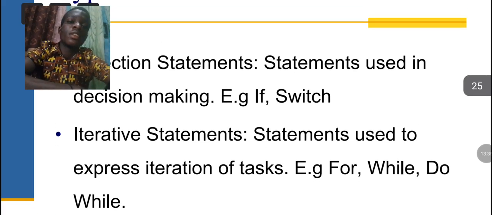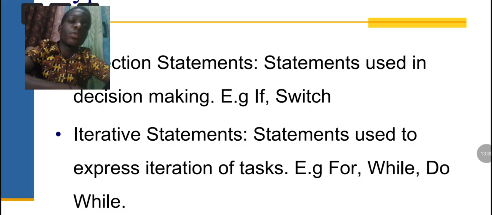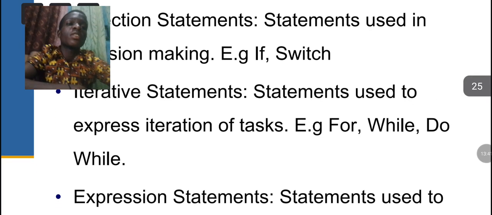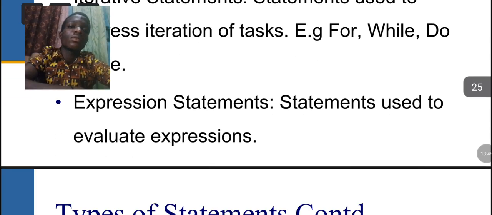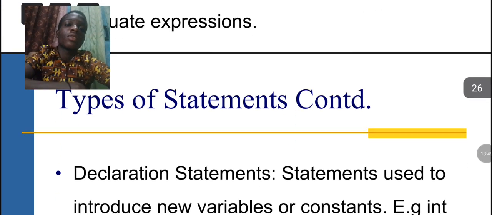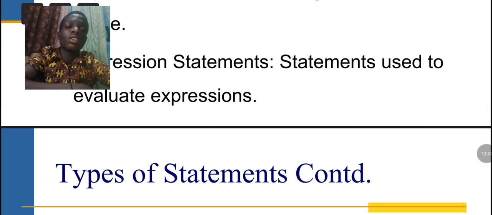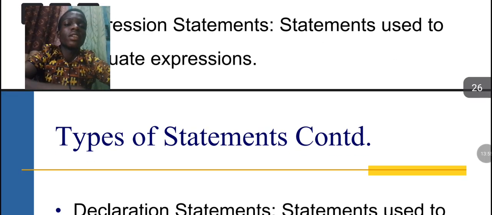Then iterative statements are used to express iteration of tasks; examples are for, while, and do while. We have expression statements, used to evaluate expressions. As I said earlier, an expression is a combination of variables, operands, and operators.